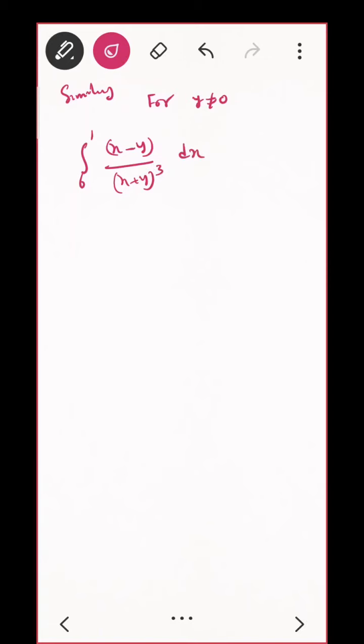Let us start similarly for y not equal to 0. What should we start with? 0 to 1. What was our function? X minus y upon x plus y the whole cube. All these things later on are going to be my function g of y. Yes, this is dx, correct?